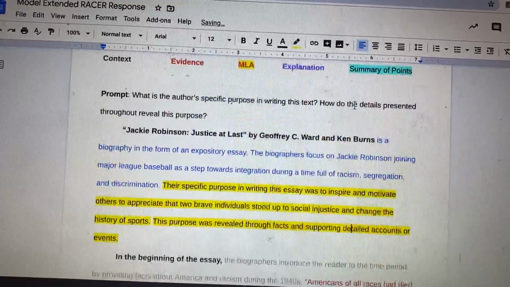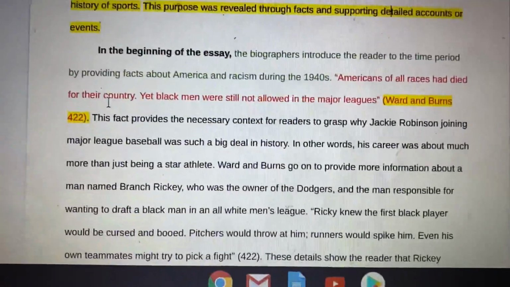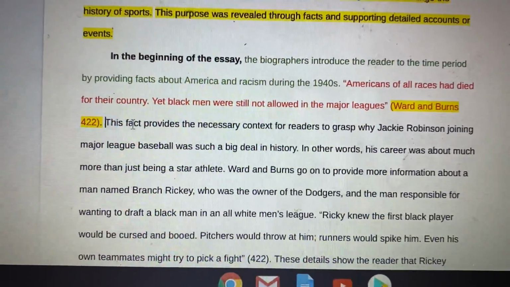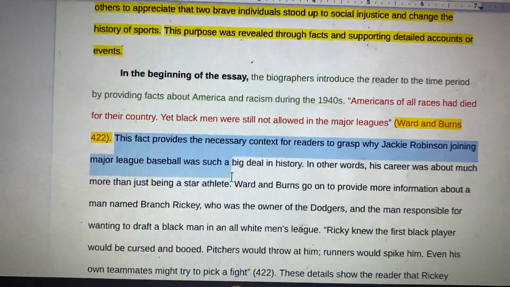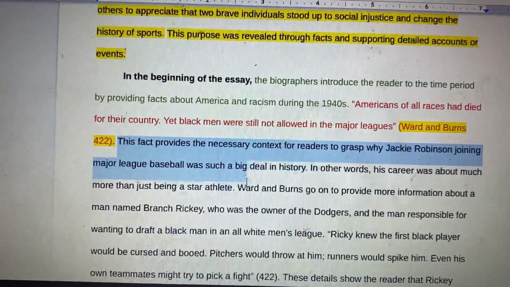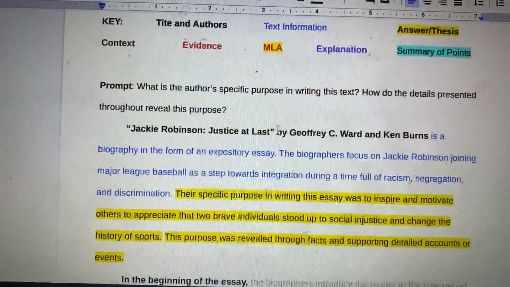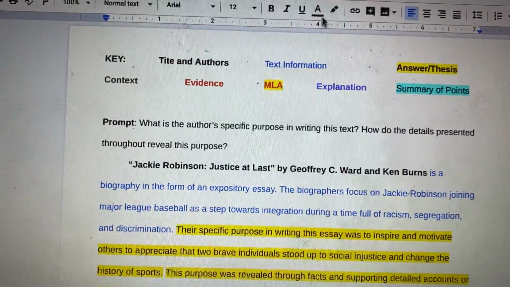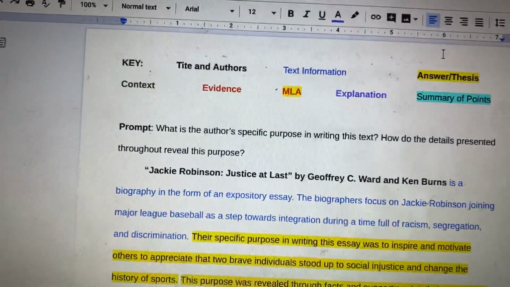Okay, because that's what it tells me to do in my key. Then I moved on to my explanation. Notice that my explanation was more than one sentence because I really needed to make sure that I got my point across. Okay, and I was making that purple because that's what my key tells me to do.